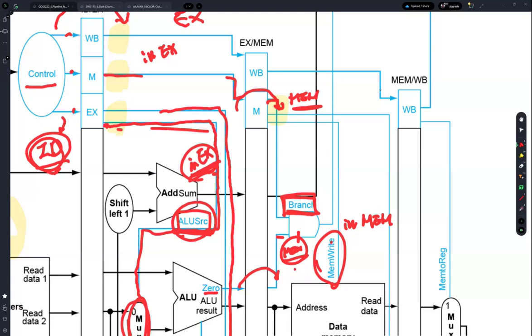So we use the branch in the memory stage. So the timing is aligned. The timing of a control signal is aligned with the instruction in the pipeline architecture, right?